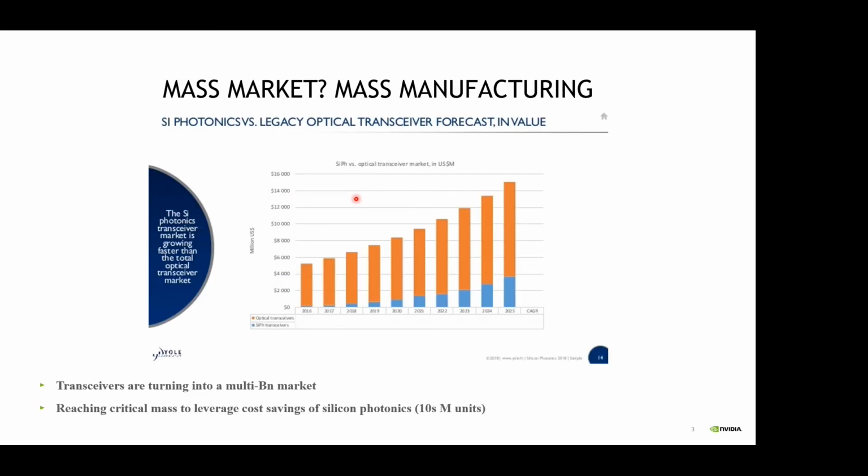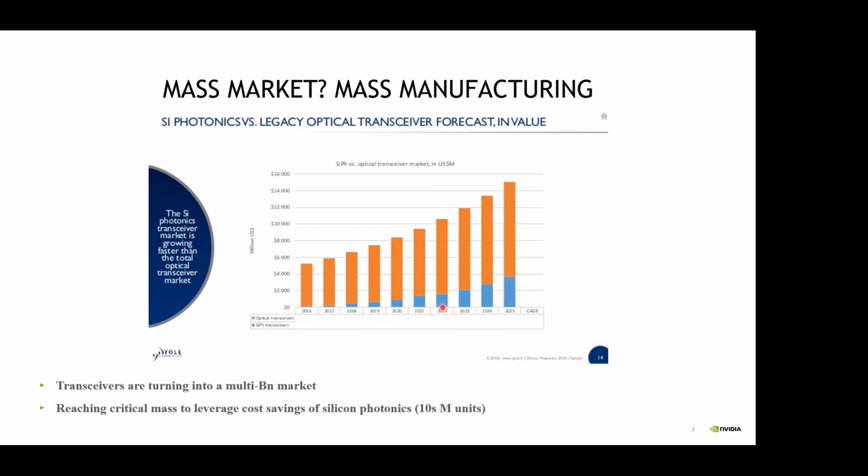Basically, in MASSTART, we were targeting the silicon photonic market, which, as you can see on this slide, is growing and growing. The blue portion is the increase of the portion of silicon photonics. So basically, the trend in the coming 2 years will be a lot of silicon photonics.